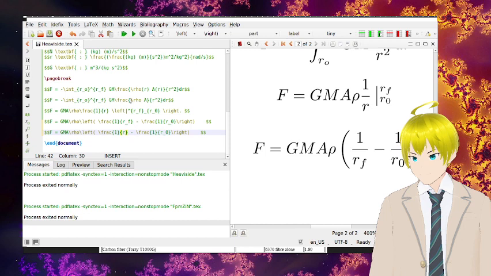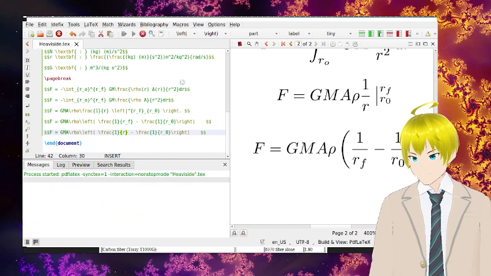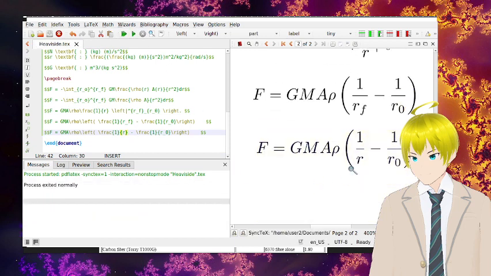Let's say that our final r is not known, it's a value, and then let's solve for r. Well, let's not do that yet. So let's think about this.